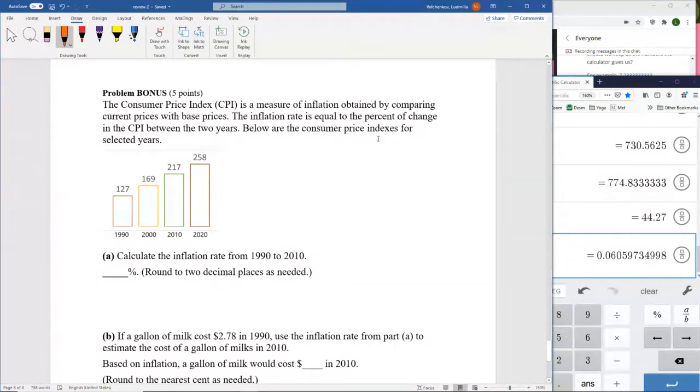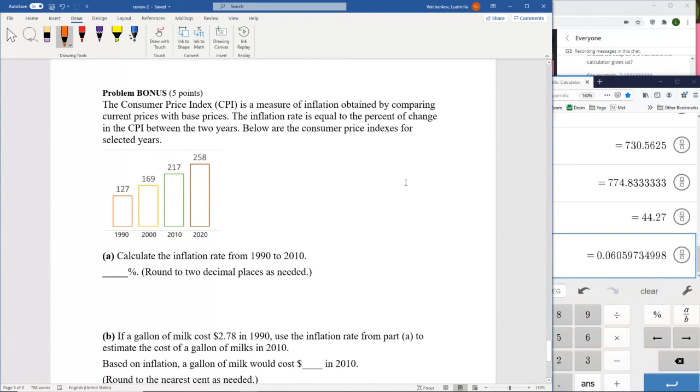Okay, so obtained by comparing current prices with base prices, the inflation rate is equal to the percent of change in CPI between the 2 years. Below are consumer price indexes for selected years. Calculate the inflation rate from 1990 to 2010. Not the inflation, the inflation rate.